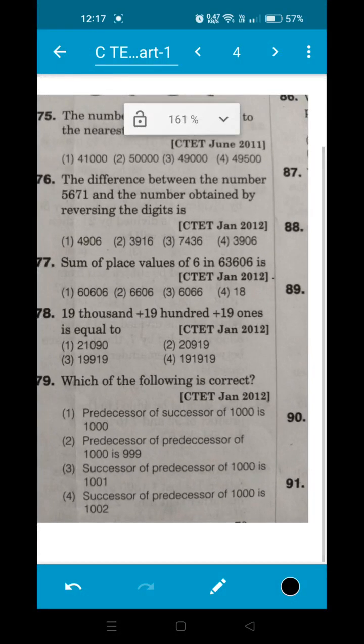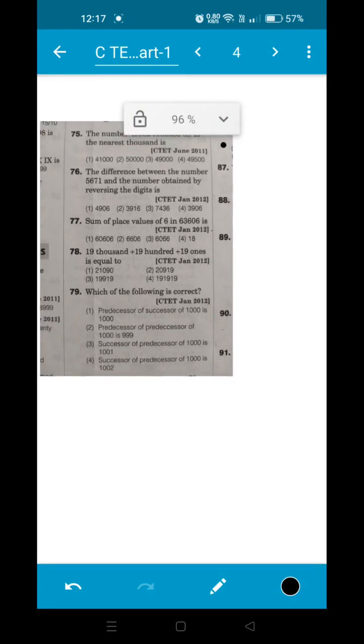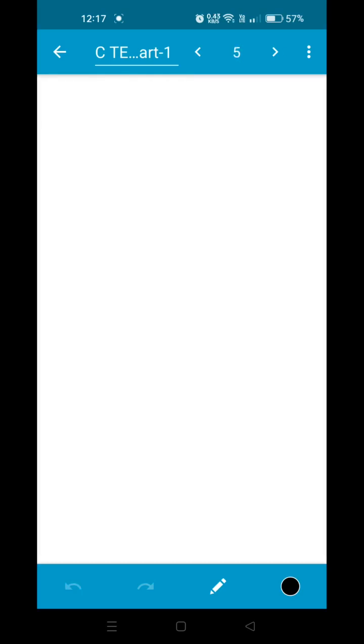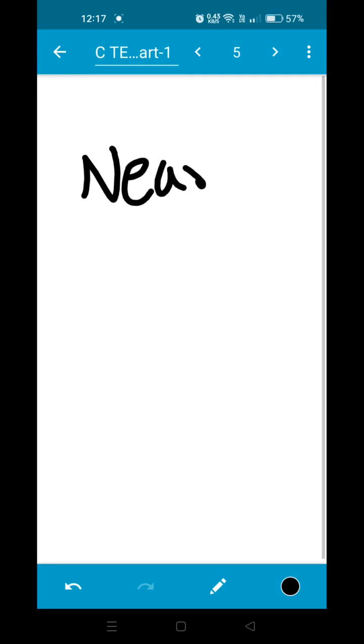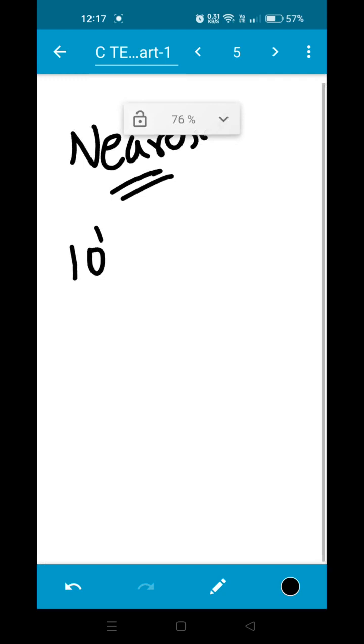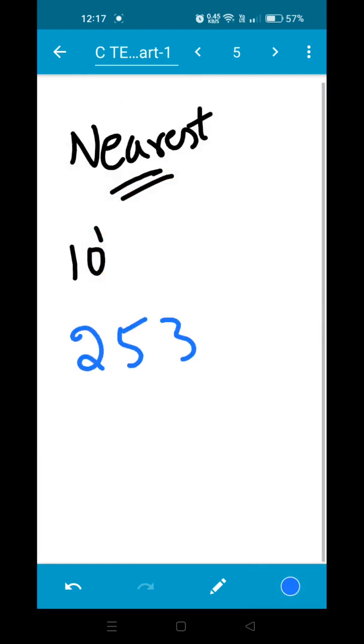So now let us see question number 75. The number is given, round off to nearest 1000. We discussed nearest 1000, but let us discuss once what nearest tens is, since we need to go over the nearest concept once. Let us see nearest tens first. There is a number 253, another number 367.